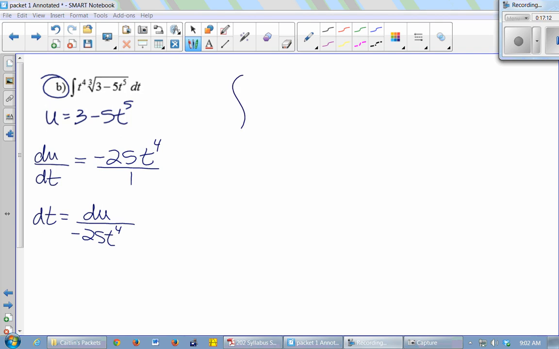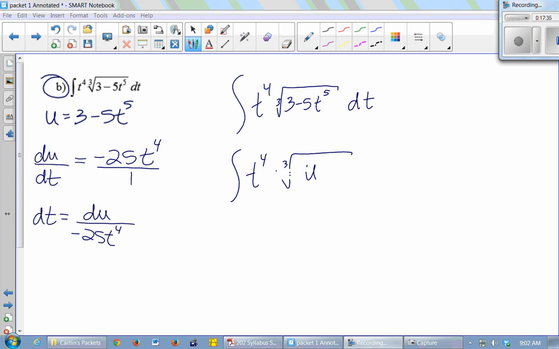So then I go back to my integral, t to the 4th times the square root of 3 minus 5t to the 5th. So this is going to become the integral of t to the 4th, I don't have a substitution for that yet, times the cube root of u.